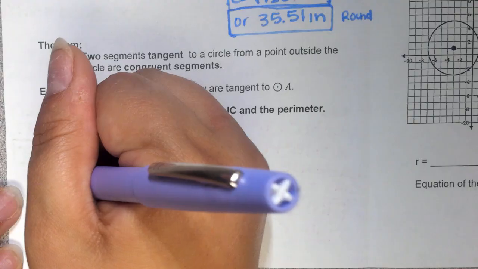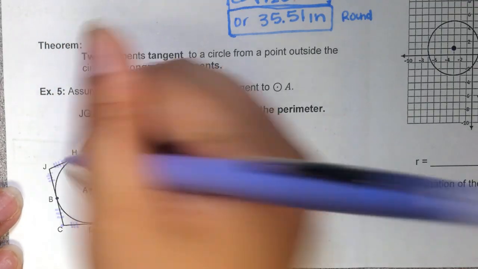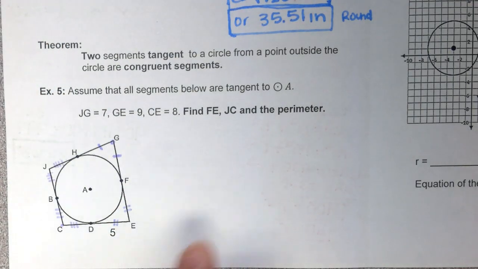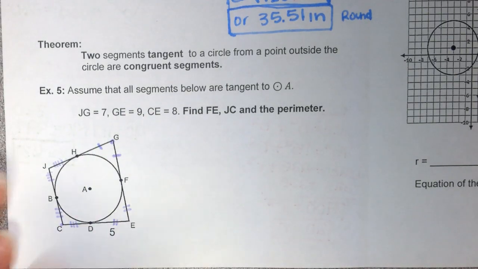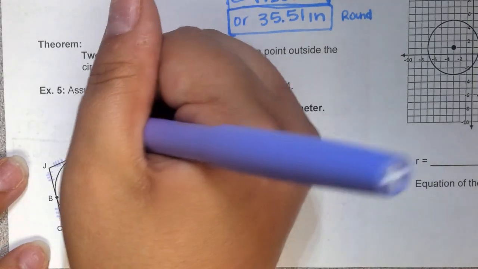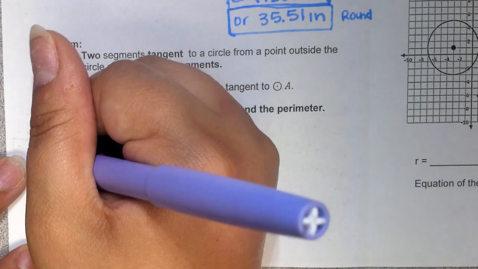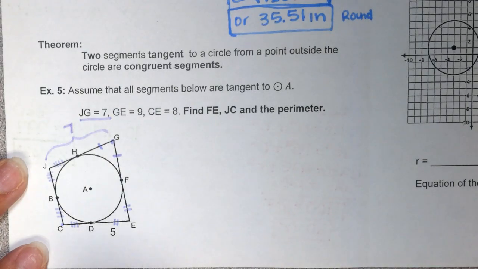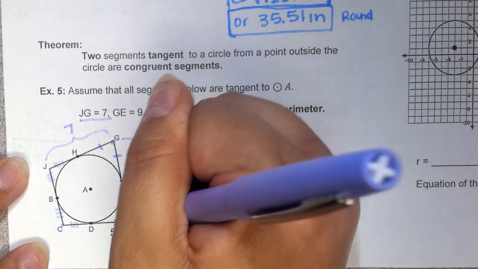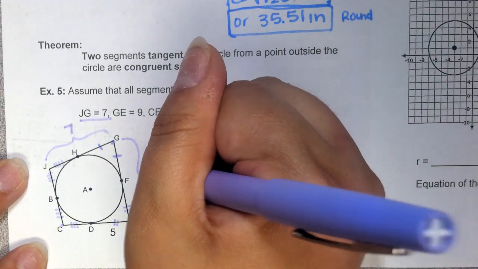And right here, 1, 2, 3, 4, 1, 2, 3, 4. Now these may or may not be congruent to each other, like this one versus this one. But these two are congruent, these two are congruent, vice versa. So now this tells me JG is 7. Label that. GE is 9. Label that.